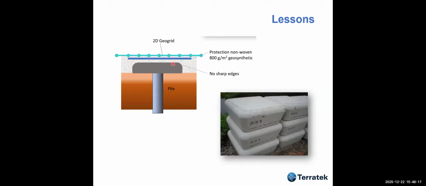There should be a layer of sand to protect the geogrid so it does not fail. And this was a major failure. The cost of this was enormous, something like $10 million to pay for the repair works.